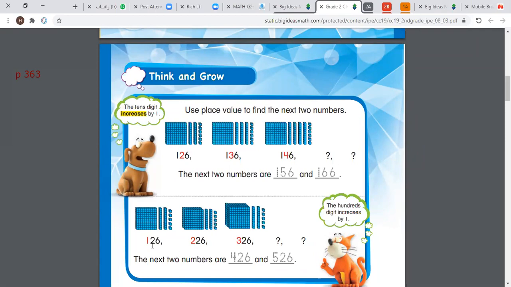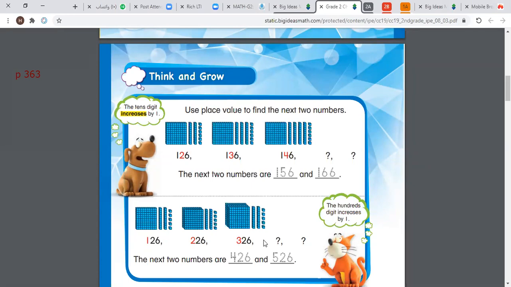Okay, let's take the next one. Here 126, 226, 326. Pay attention, you have the same number in tens and ones. Here two tens, two tens, two tens. Six ones, six ones, six ones. What about hundreds? Here 100, 200, 300.